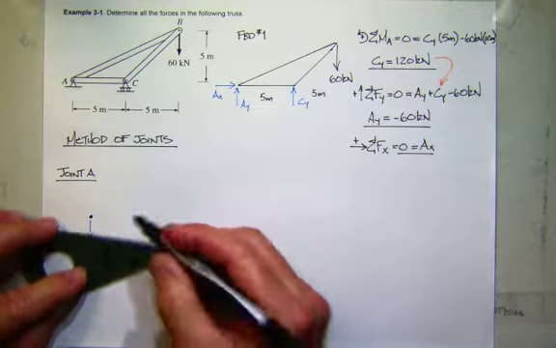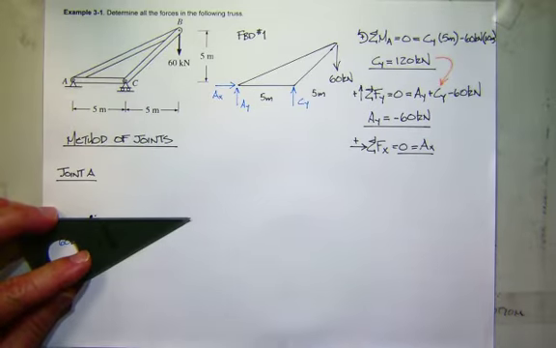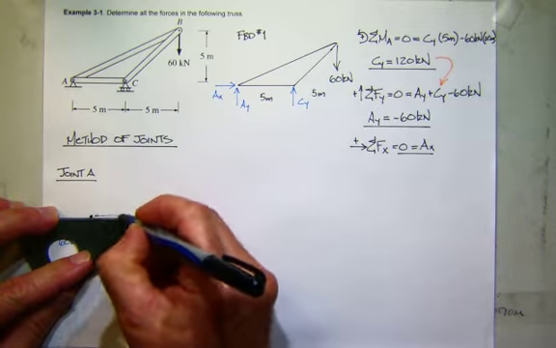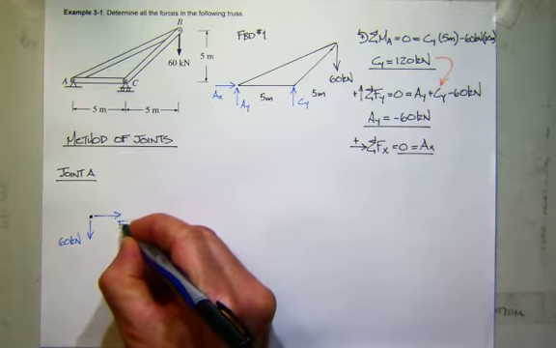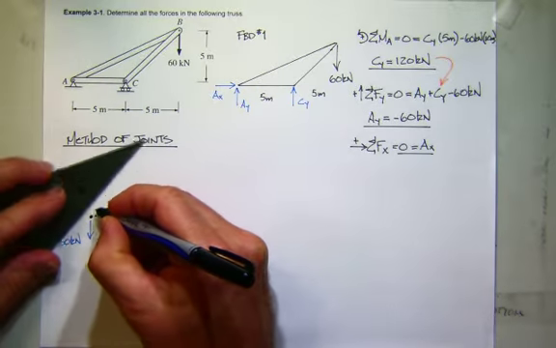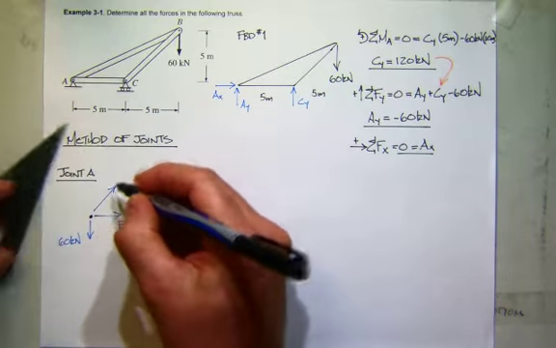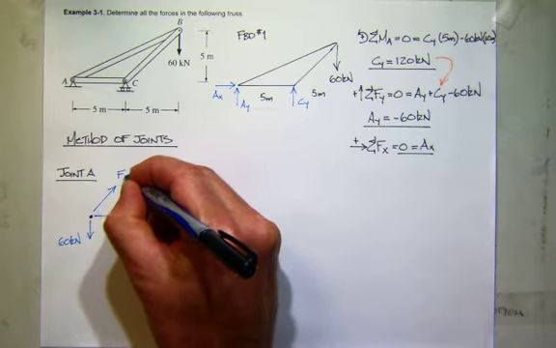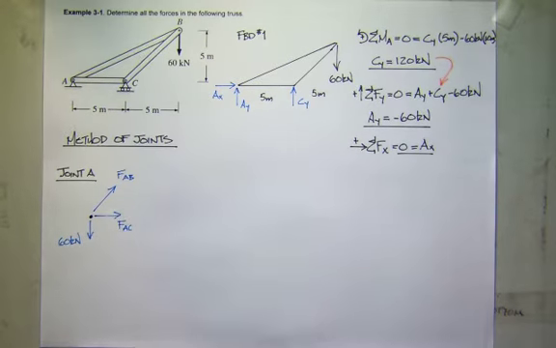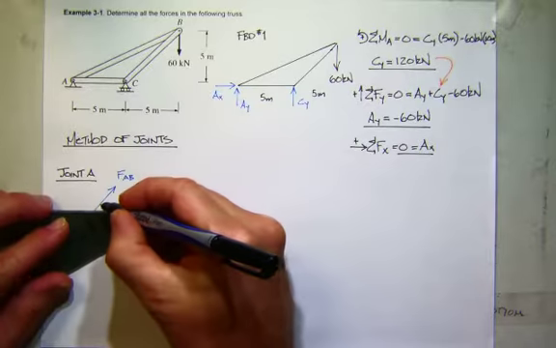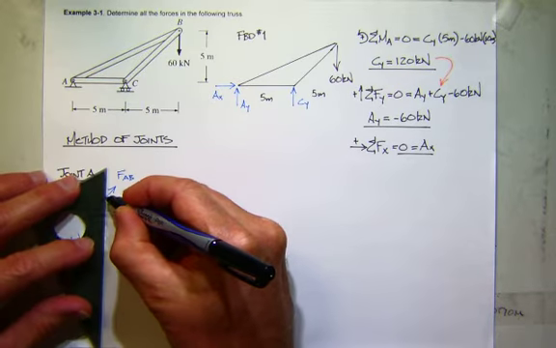Now I'm going to assume that I do have a tension force going from A to C, and I have another tension force going from A to B. So what is this angle? What is this rise over run?